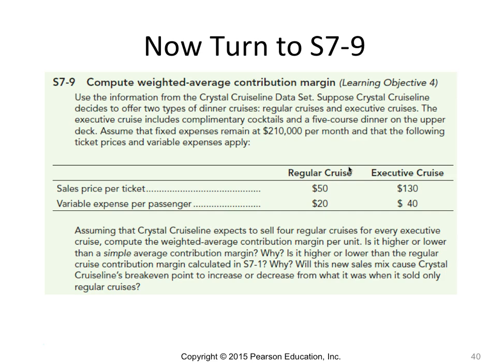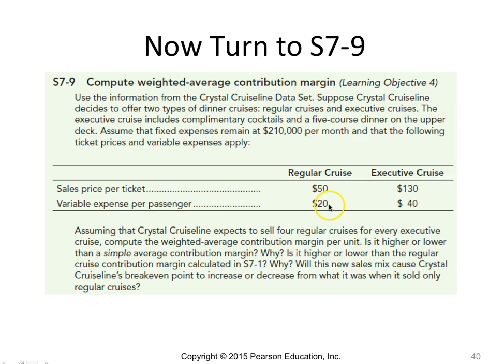Okay, here's the example, and again, they get different numbers for different crews, and they have a different price. 50 is for the regular ones, and 130 is for the executive crews.